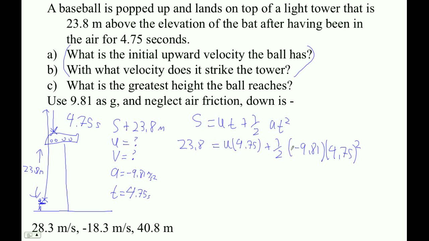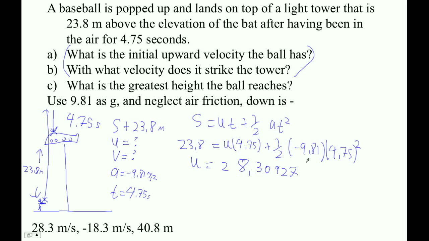Plus 0.5 times 9.81 times 4.75 squared, right? And then I'm going to divide that by 4.75. I get 28.309. So my initial velocity is 28.30927.